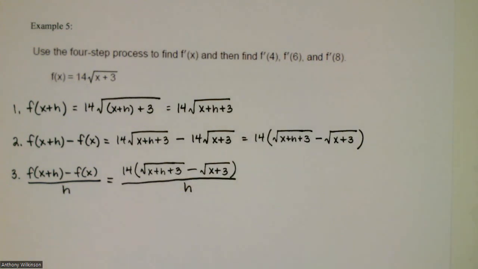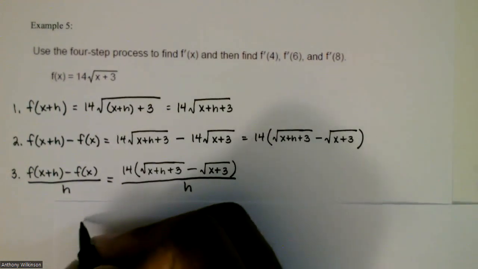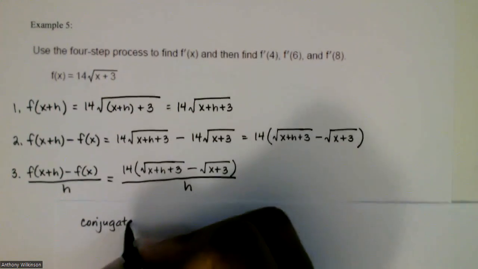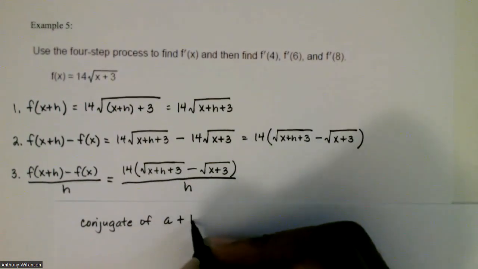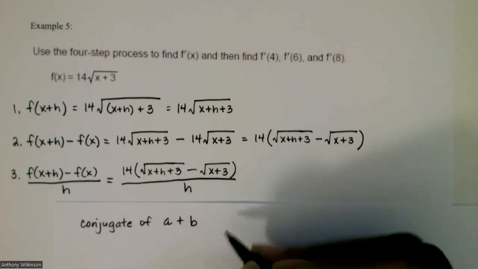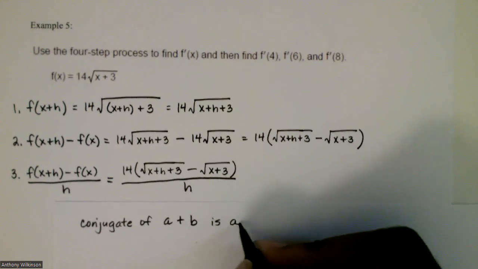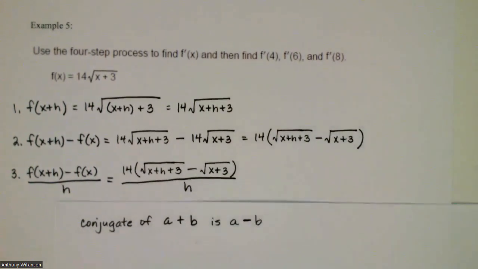I'm going to multiply the numerator and the denominator by what they call the conjugate of that expression. Now, the conjugate by definition is this. If I have A plus B, its conjugate would be just the same two terms, but I just changed this from a plus to a minus.